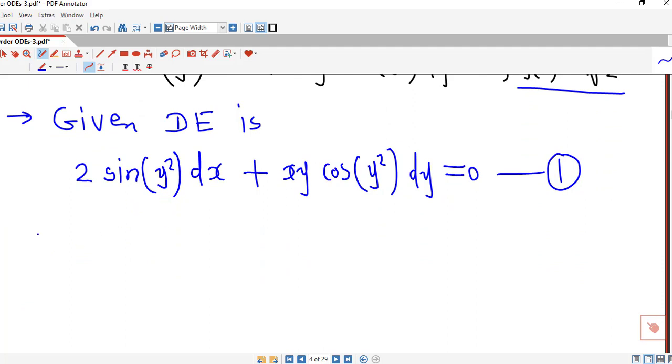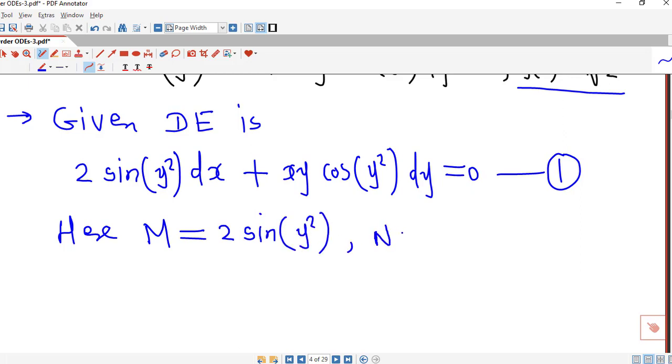Now if we compare with m dx plus n dy equal to 0, m is the coefficient of dx which is 2 times sine of y square, and capital N is the coefficient of dy which is xy times cos of y square.